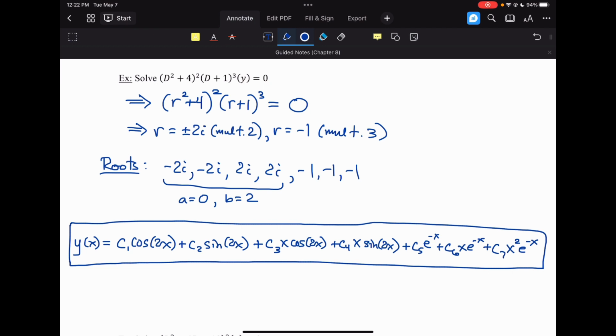And that would be the general solution to this differential equation. Everything in terms of sines, cosines, e to the negative x's. Because of those 7 roots, we have 7 solutions here.